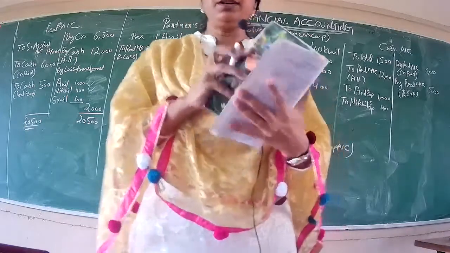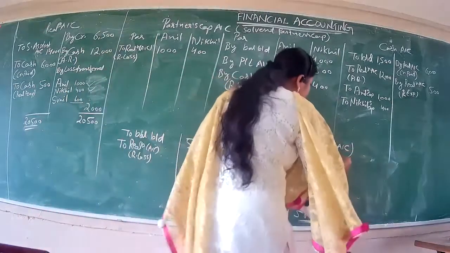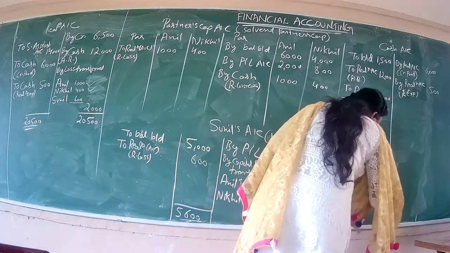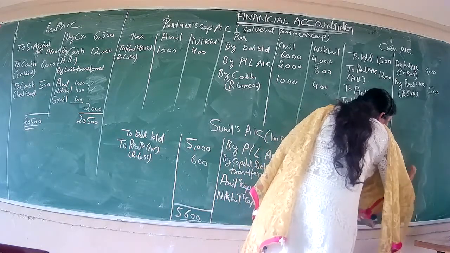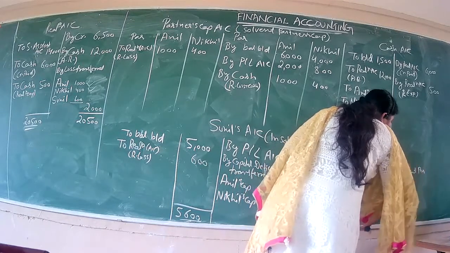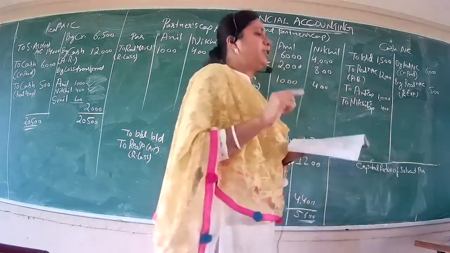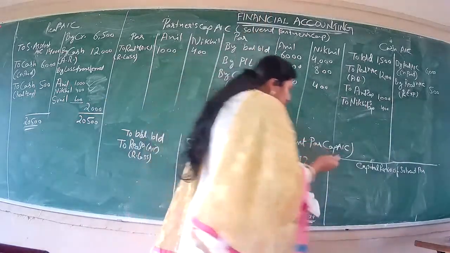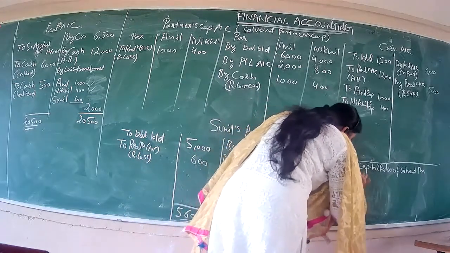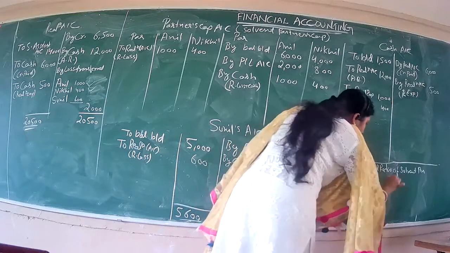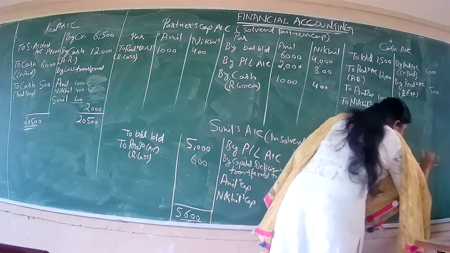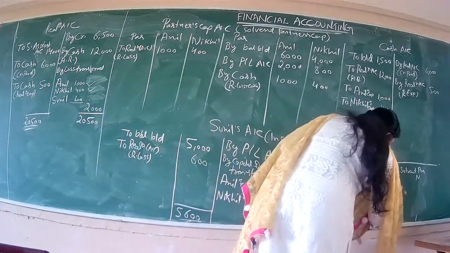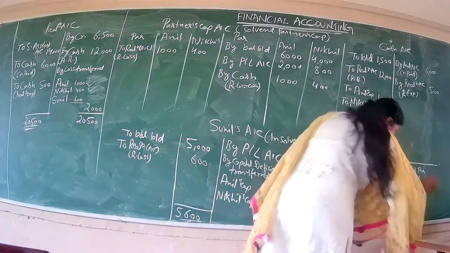So now we'll calculate the capital ratio of solvent partners for the sharing of capital deficiency due to the insolvency of Sunil's account. Very first, we take the capital balance from the balance sheet. This I am taking as Anil and this as Nikhil. For Anil, the capital balance per the balance sheet was 6,000 and for Nikhil 4,000.